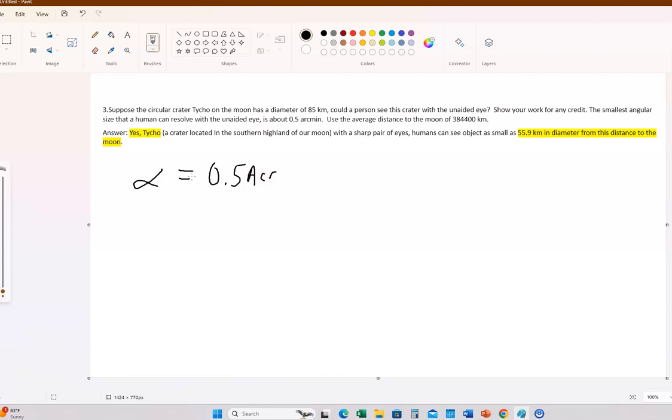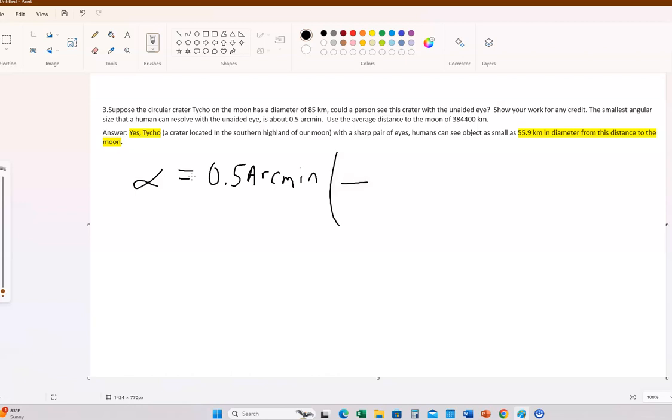Sorry, I didn't mean to write it that way, I have to choose the right size. I should have just used the single hash mark, that would have been much easier. So convert that from arc minutes to degrees.